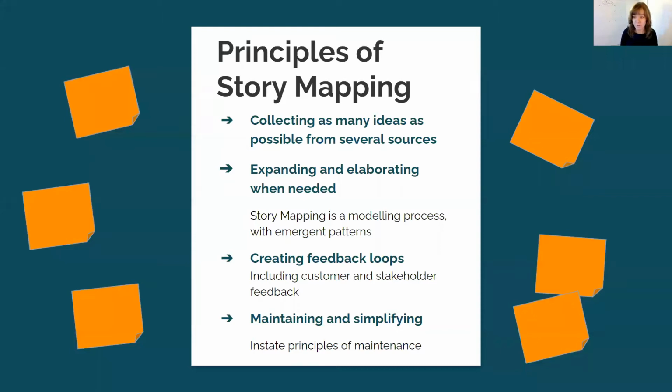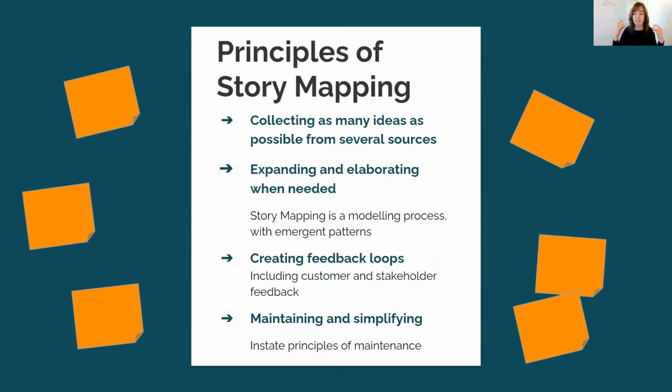Now, some principles for how to work with story mapping. You should aim for collecting as many ideas as possible from several sources. If you are an individual and you have some ideas for something you want to make, that's great.